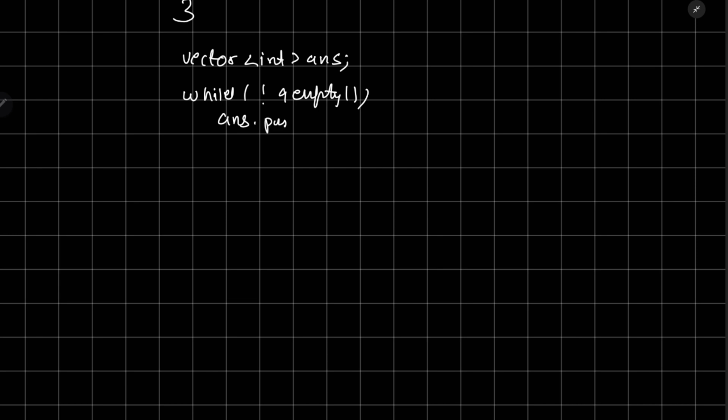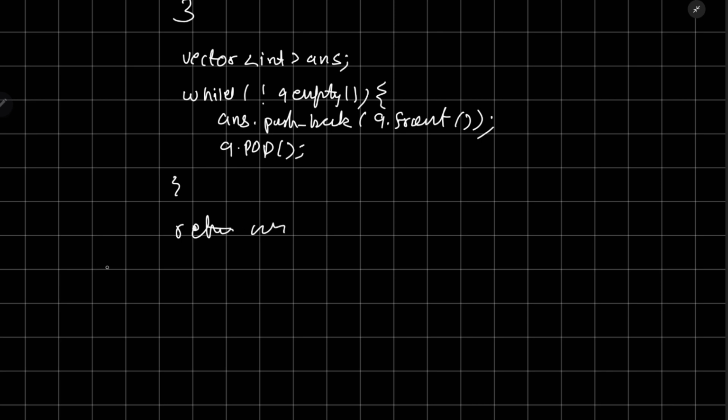So answer dot push back queue dot front, and now we have to pop it, queue dot pop, and finally we will return our answer, and thus completing our find minimum height function.